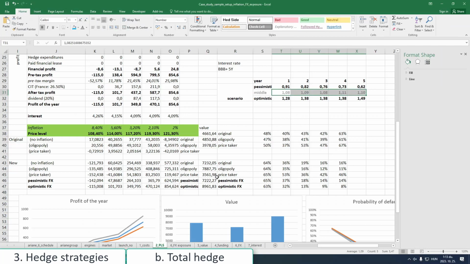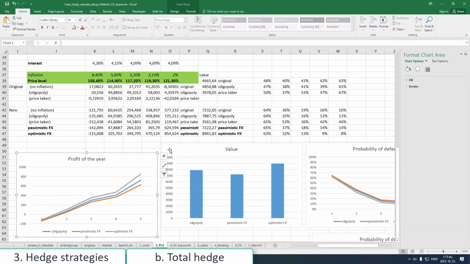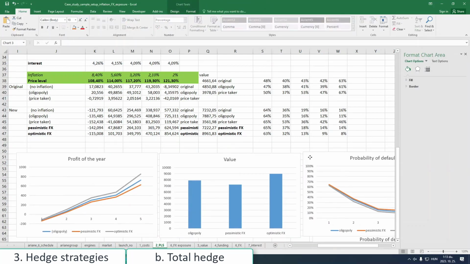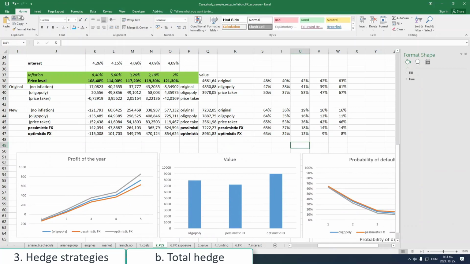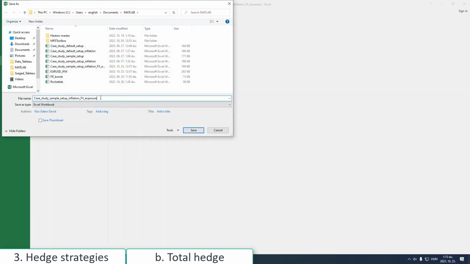Because we were able to see that if this appreciation happens, then the company is even happier. And we like a happy company, happy shareholders, because it can create happy bonuses for the management.